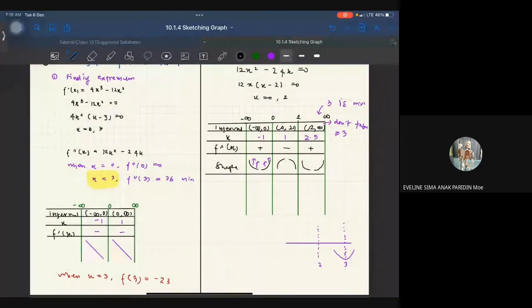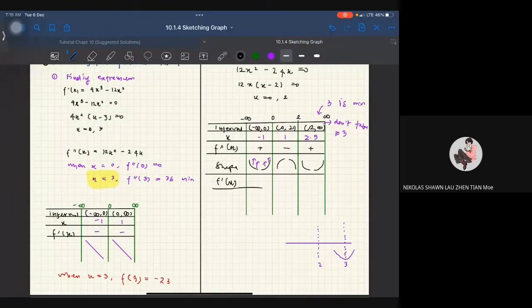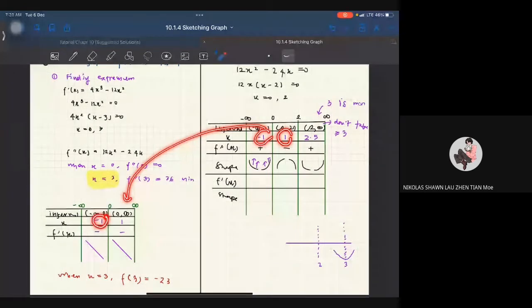So how do we know which one our graph should be? Okay, that's why we also put our first derivative test into this one. So I put the first derivative test here. And then the last one, it will be the shape of the first derivative. Okay, so if you notice, negative 1 and 1, we already have it before here. So I have already put negative 1 and 1 into my first derivative test.